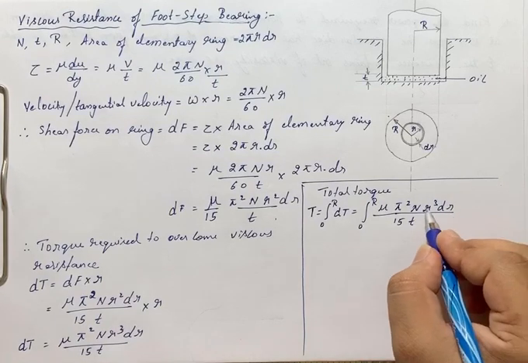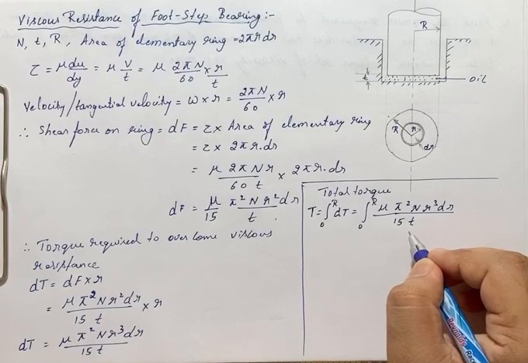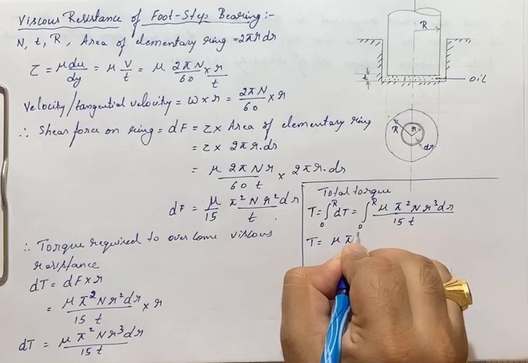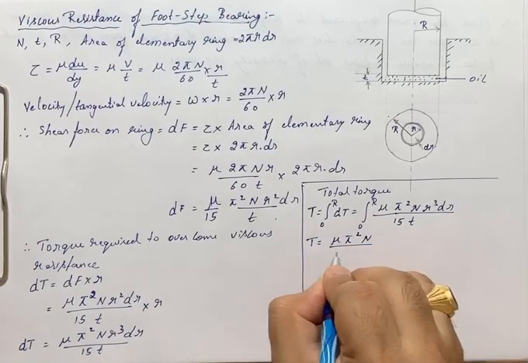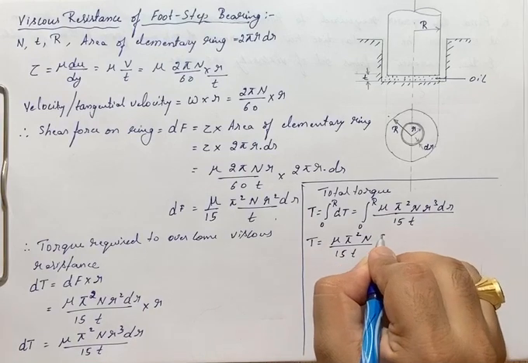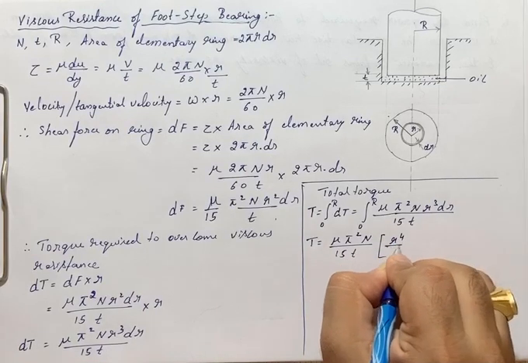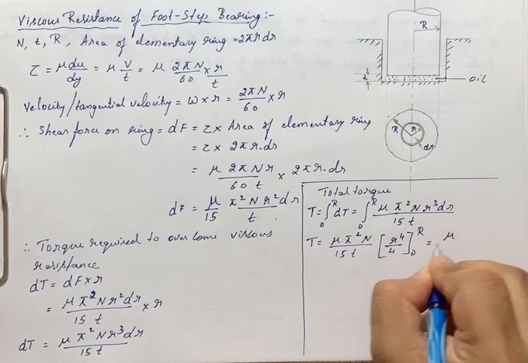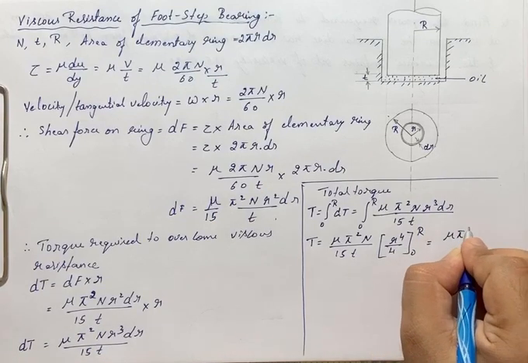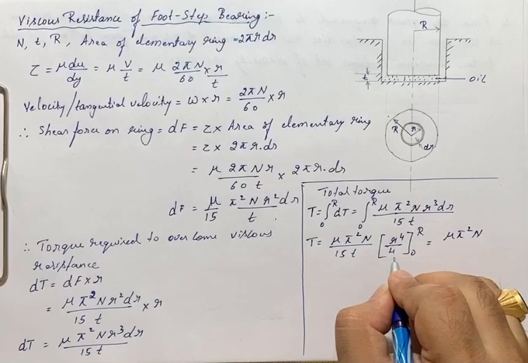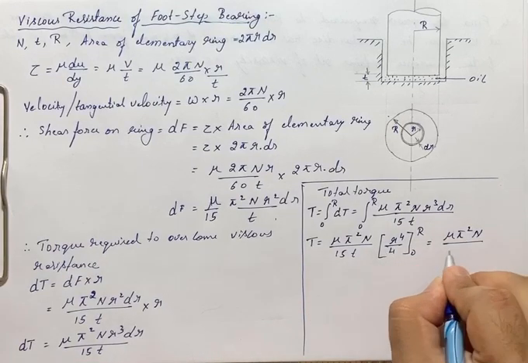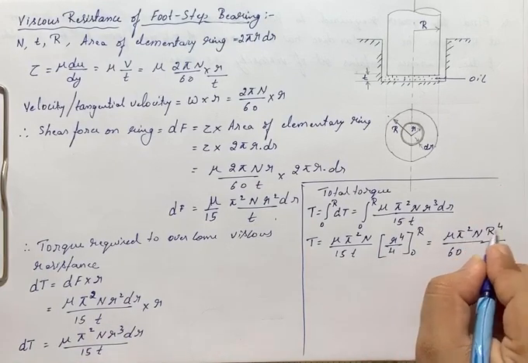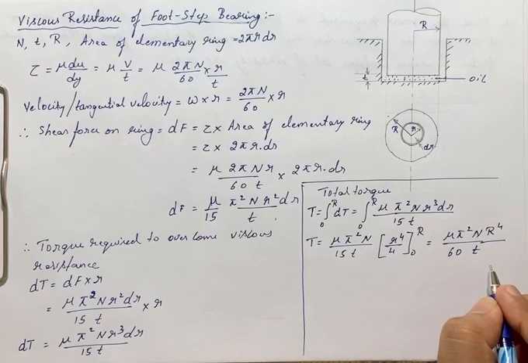So, r cube into dr becomes r raised to 4 divided by 4. So, I can write T is equal to mu pi square n divided by 15 t into r raised to 4 divided by 4, from 0 to capital R. Here I have 4 into 15, so I will get 60.